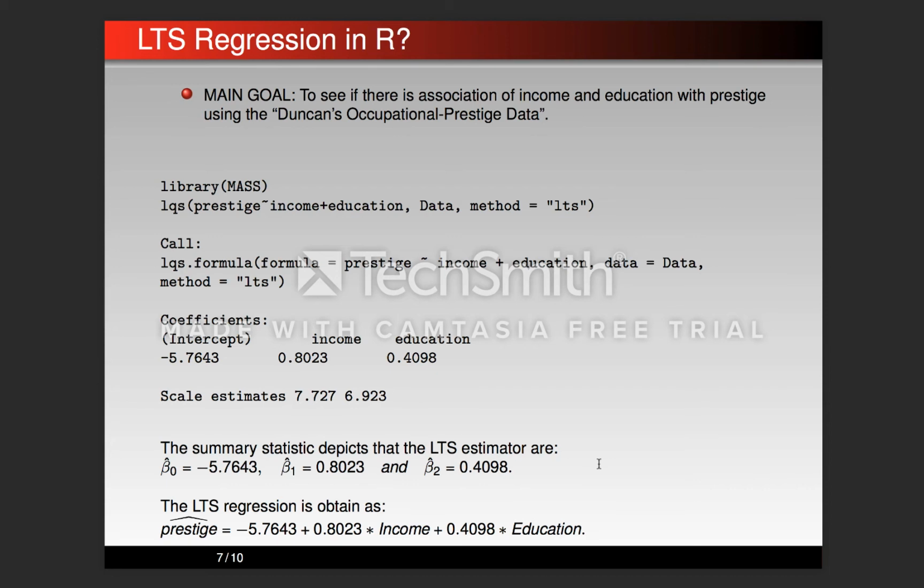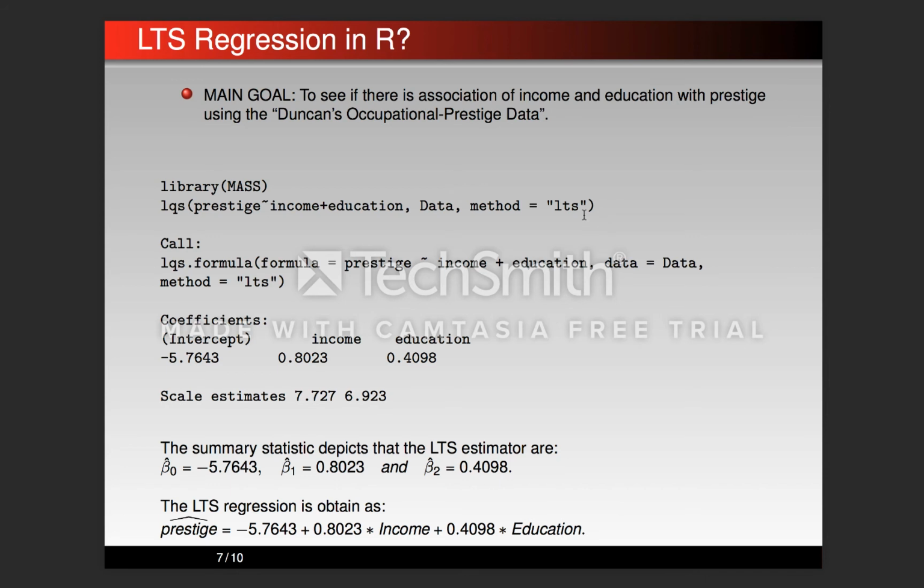In order to compute least square regression in R, first you have to install the package MASS, and then you call library MASS, and then use this command lqs with the formula of the regression, the name of the data, and the method we are using. In this case, we are using LTS. In this example, our dependent variable is prestige, and the independent variables are income and education. The data name is data, and we are using the method LTS.